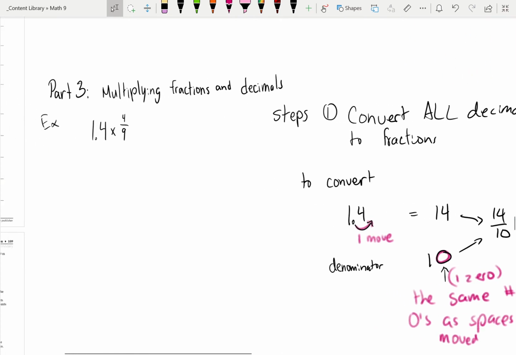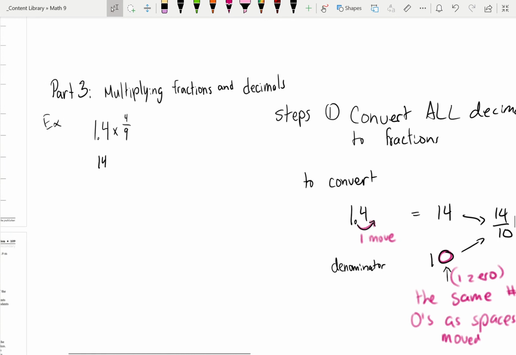So with that in mind, I can rewrite this as 14 over 10 times 4 over 9. And from here, I notice, hey, I have some things to cancel out. I can either cancel out the 10 with the 4 or the 14 and the 10. So I'm going to stick within the fraction because that's always safer. So I'm going to make this 7 over 5 times 4 over 9.